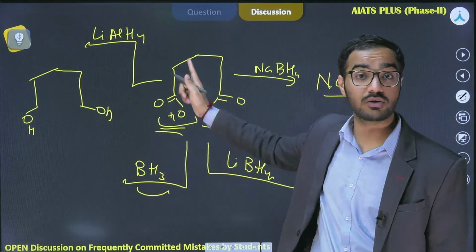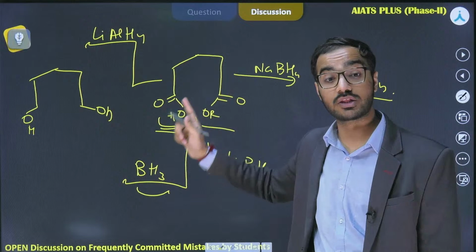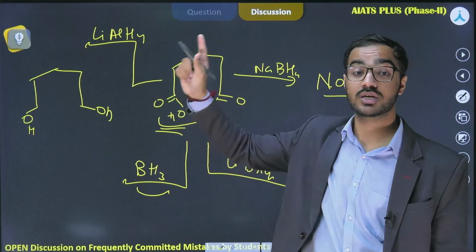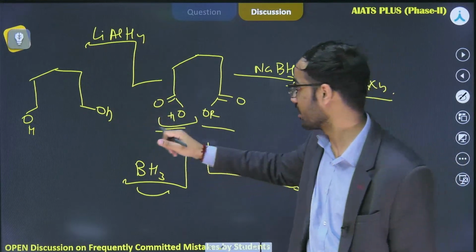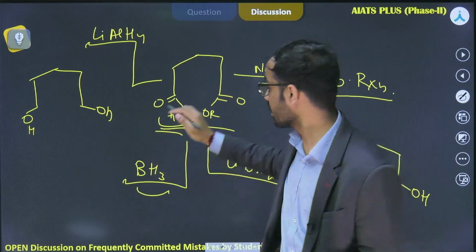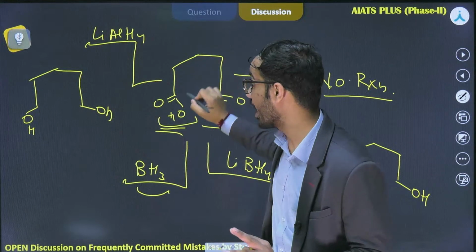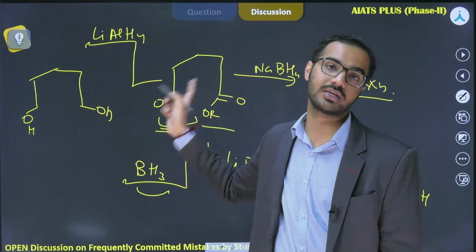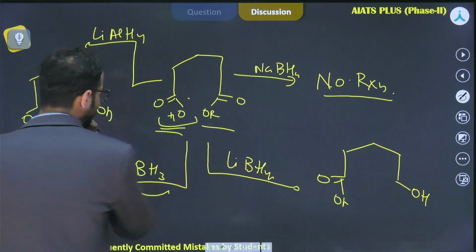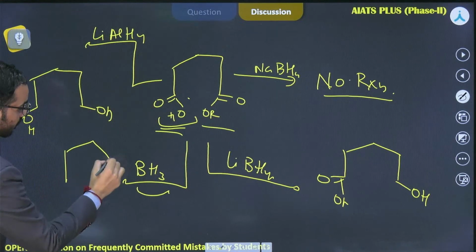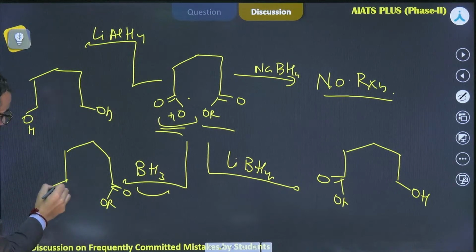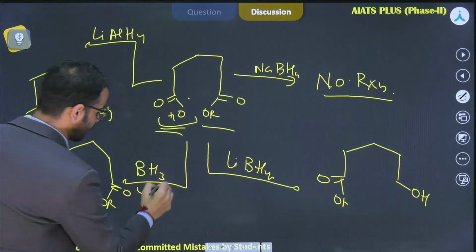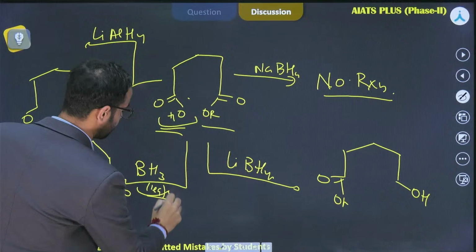So it will react with the group which is more electron-rich, meaning it will react with acid and it will not react with ester. So what will you get? You will be having C double bond O, OH will be formed, and we are taking one equivalent.